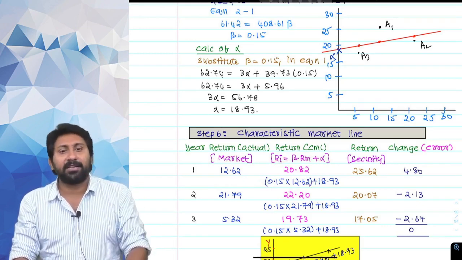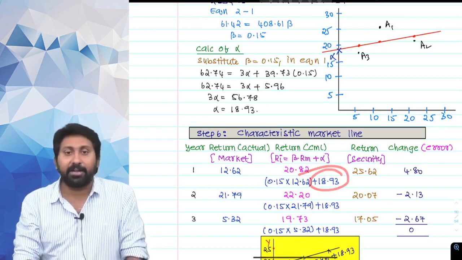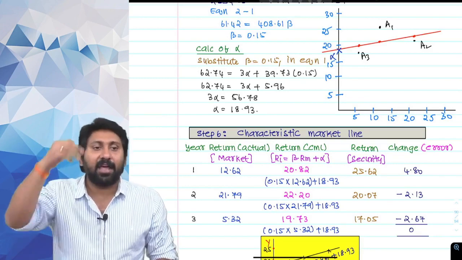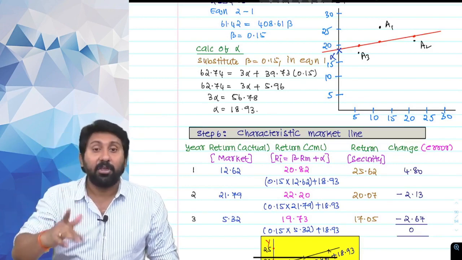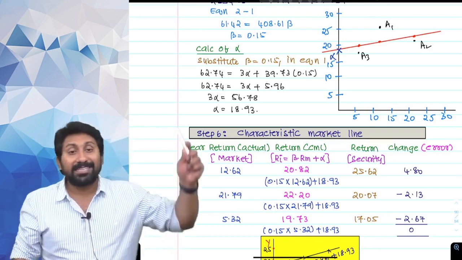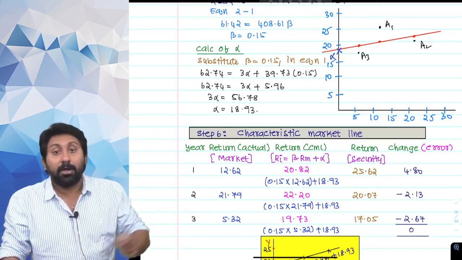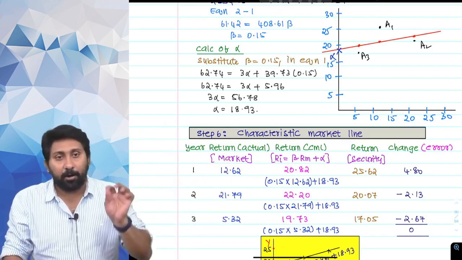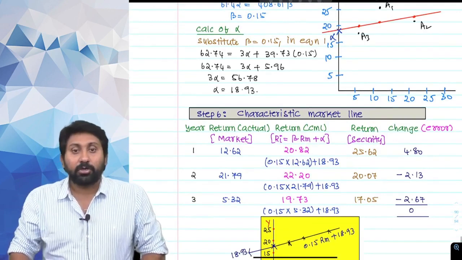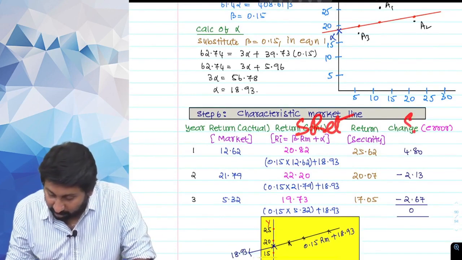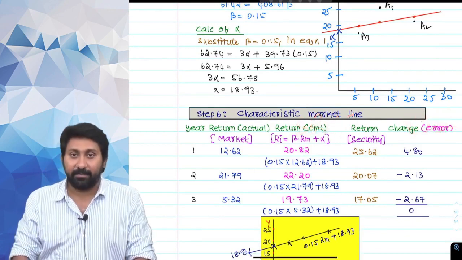Even if the market is 0, my security will give 18.93. That means it is independent. Whether the market is there or not, a constant return of 18.93 my security will give. Since the market is at 12.62 and my beta is 0.15, I will have a return of 20.82. 20.82 is called the systematic return. This is called the unsystematic return.